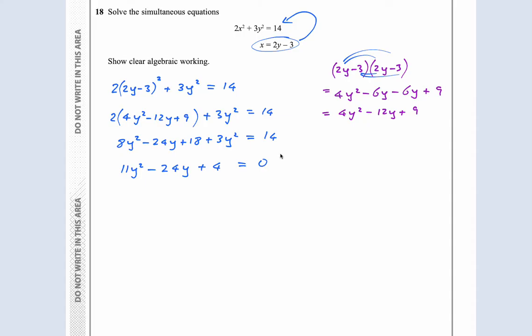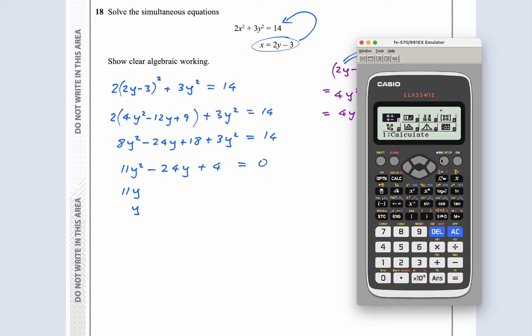Now, guys, this is obviously not a nice quadratic to factorize, but because it's 11y squared, you know it has to be, because 11 is a prime number, it has to be 11y and y. If at this point you want to use your calculator, you can use your calculator here.